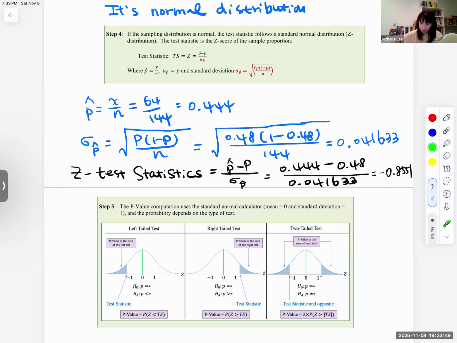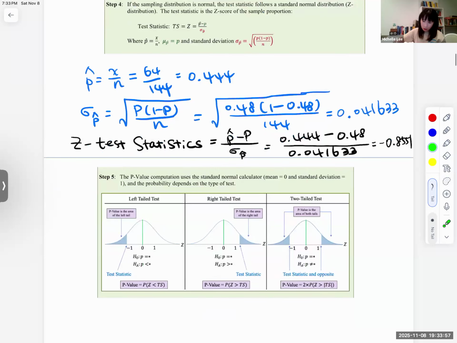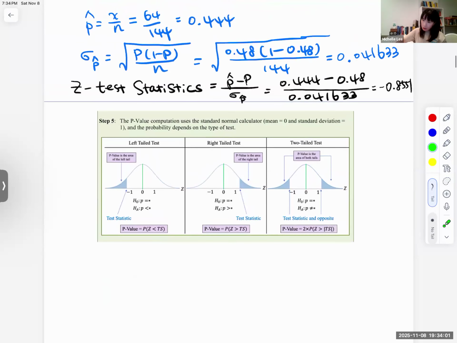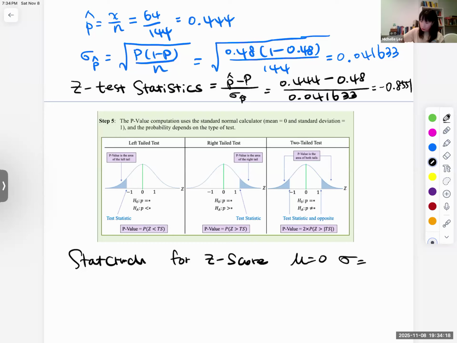All right, then we are going to use StatCrunch. There are two ways. Look, when we use the z-score, we use mu equal to 0, sigma equal to 1.